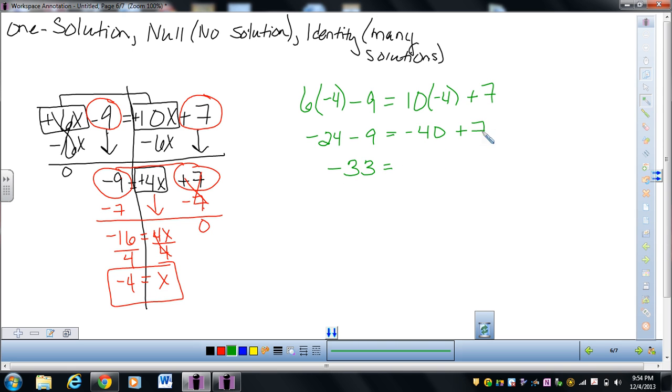And -40 plus 7 together equal -33. So that I know my answer of -4 is correct.